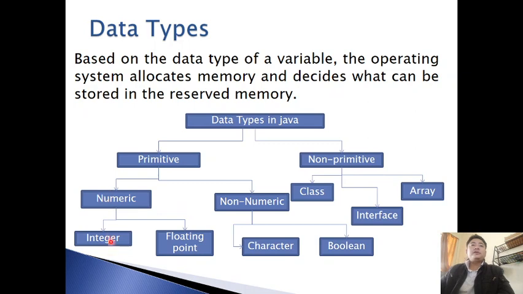In the numeric part, we have integer, basically the whole number kind of thing, 1, 2, 3, 4, and then floating point, maybe 10.5, 10.6, like that. And there are various versions of integer and float. For example, in case of integer, you have int, long, byte, etc., and for float, you have double, float, etc. These are the classification of various data types, and I have already told you the importance of data type in terms of storing the information.